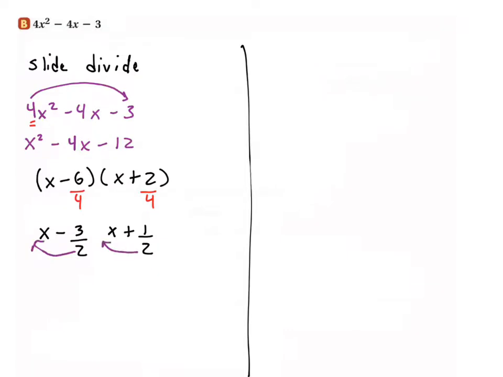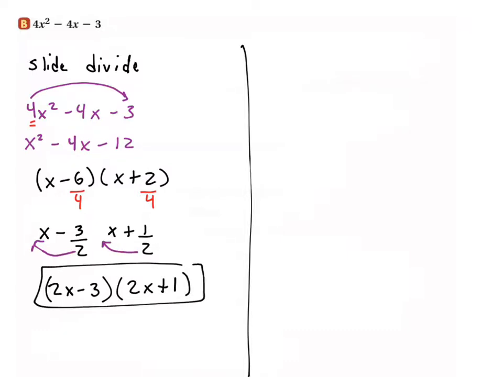So we slide it back out in front. So our factored forms are going to be 2x minus 3 and 2x plus 1. So sometimes with slide divide, your factor does not go evenly into the numbers, and you have to then reduce and then slide it out. All right, so there's slide divide.